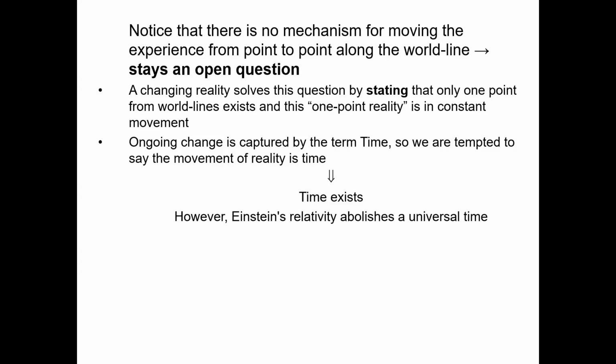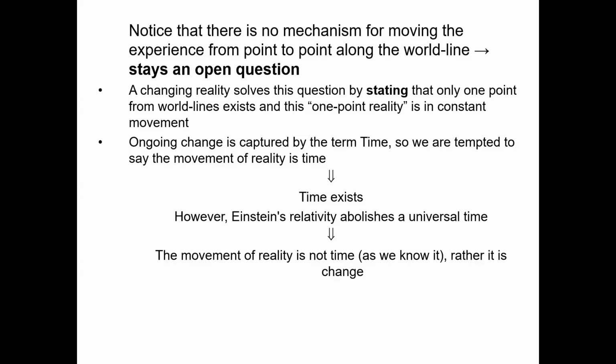So there is some contradiction with observations that do not allow us to assume there is a universal time that everybody agrees on. And this means that the movement of reality is not time as we know it, rather it is change, which means that what exists is change.